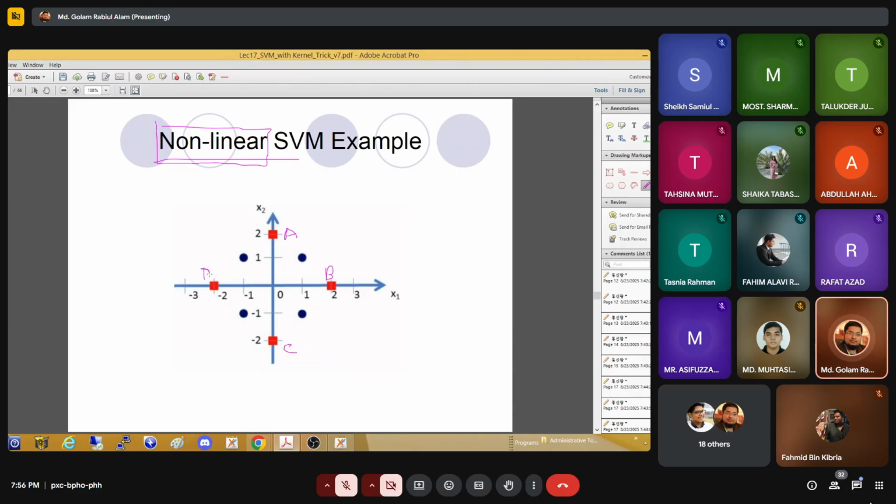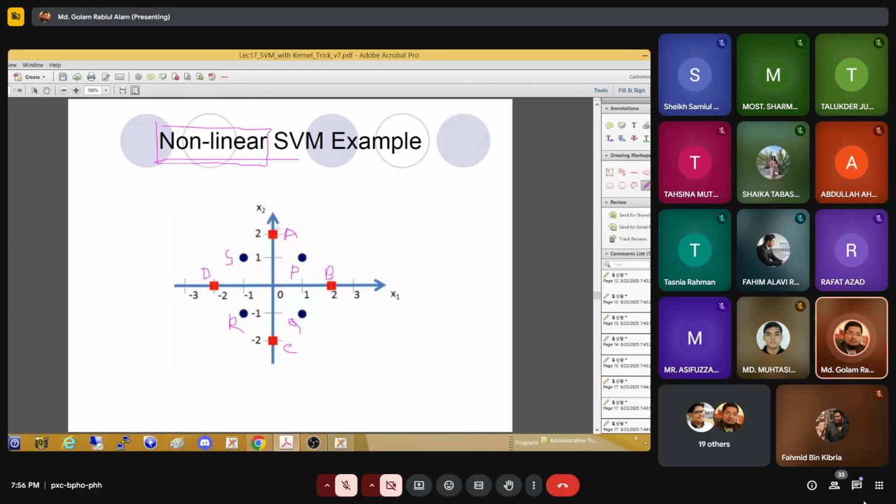So these four instances are positive class instances. And we have P, Q, then R, and then S. Those are our negative class instances, the blue circles.